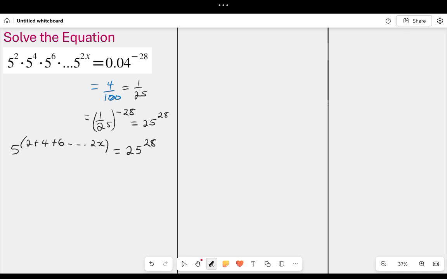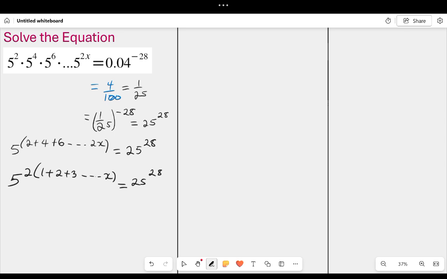Now, next step, we are going to factorize the powers on the left hand side because we realize that the powers are all even numbers, which means they can be divided by 2. So it's going to be 5 squared into brackets 1 plus 2 plus 3 all the way to x should be now equal to 25 to power 28. Interesting.